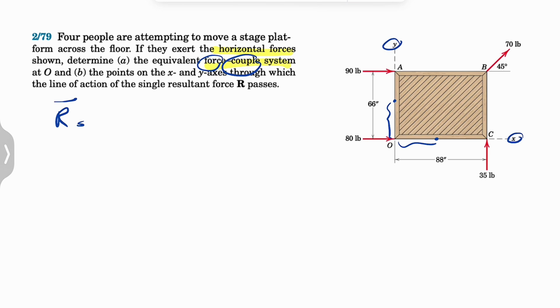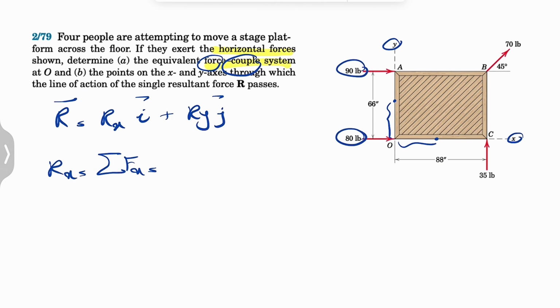So looking at that, we have forces in x direction and y direction, so that's going to be our vector form of the resultant. So Rx would be basically the sum of all forces in x direction. We have the 90 pounds, we have 80 pounds, they're both to the right, so positive 90 plus 80.